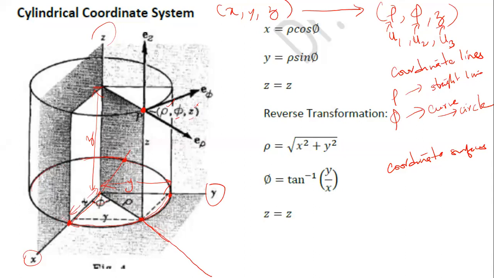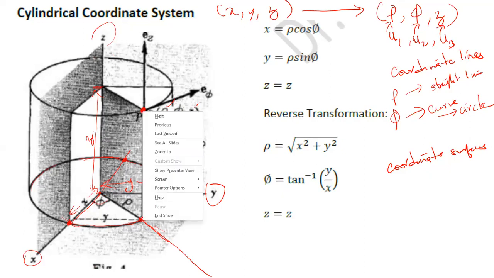In the case of the Cartesian system, if you increase x value, you will start from this to plus infinity. You can go up to minus infinity along this line. And if you increase y value, you can go up to plus infinity, you can go up to minus infinity. Z value also in the 3D Cartesian system, you can go between minus infinity to plus infinity, but they are always a straight line, right? Now, the z coordinate variable here, if you fix rho and if you fix phi, then let's say you are at this point.